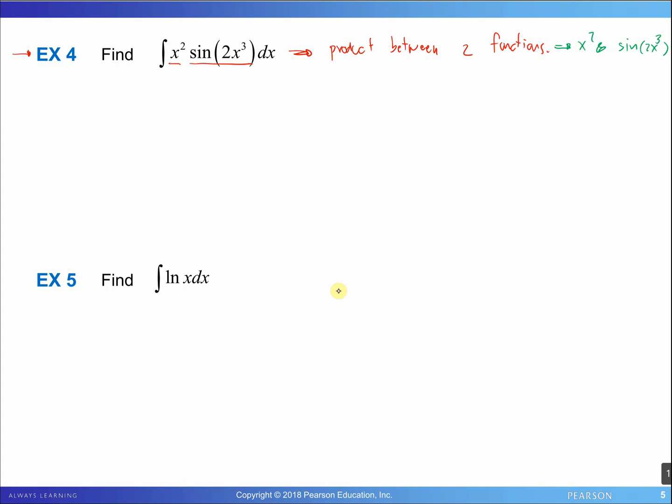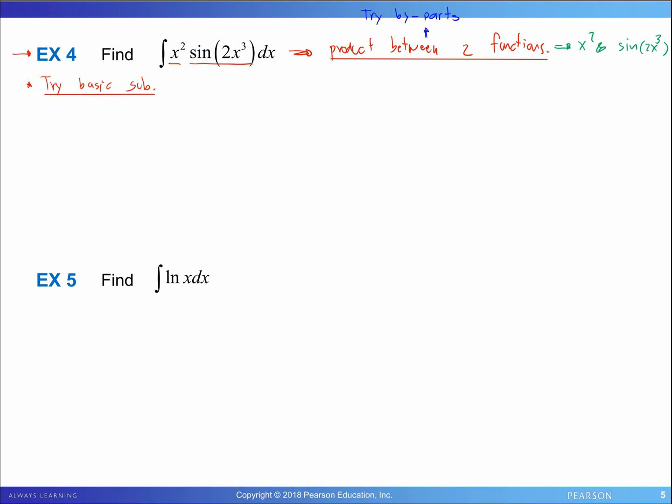And now we see this, we want to try by parts. Now, before you jump into that conclusion, let's try a simpler and easier method, and that is basic substitution. So let's try this. Try the basic sub technique before we continue with the fancy process of integration by parts.